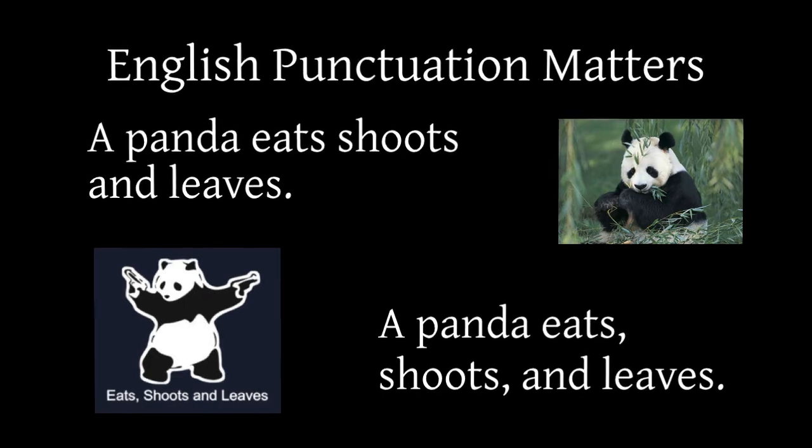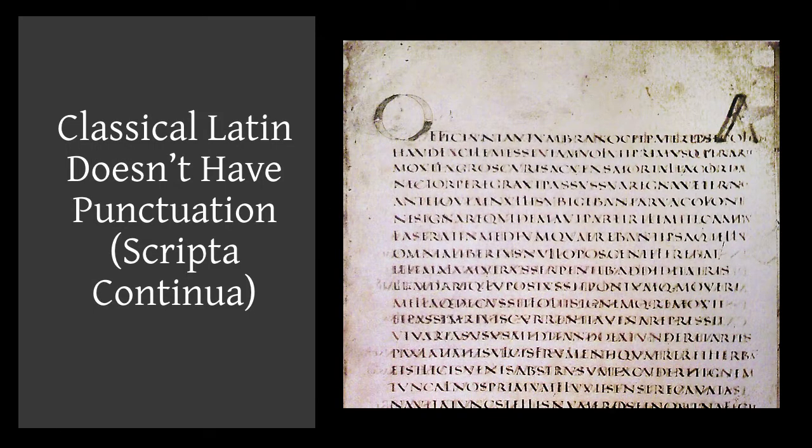Classical Latin doesn't have punctuation per se, at least not as we would regard it as an indispensable part of the meaning of the sentence. There are little dots and tittles in Latin, especially in late Latin, but there is no reason, given the nature of the Latin language, for there to be punctuation in a sentence.